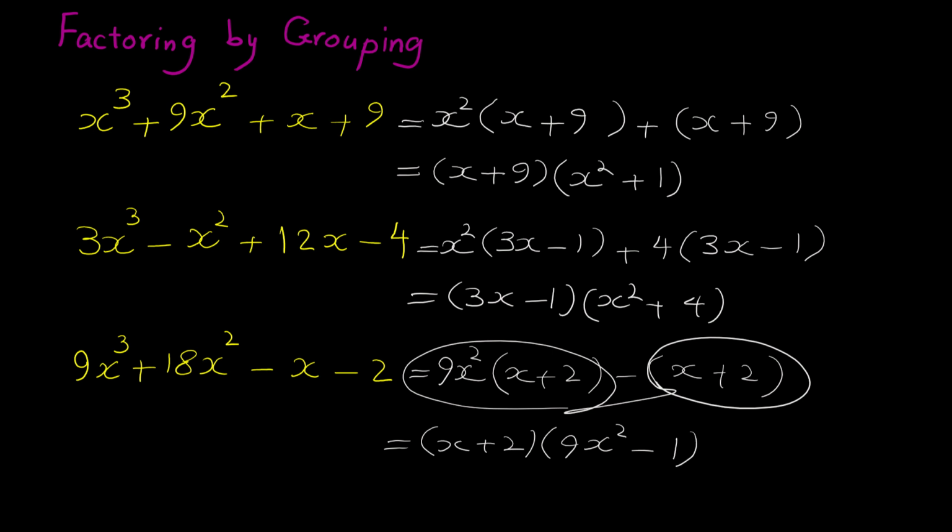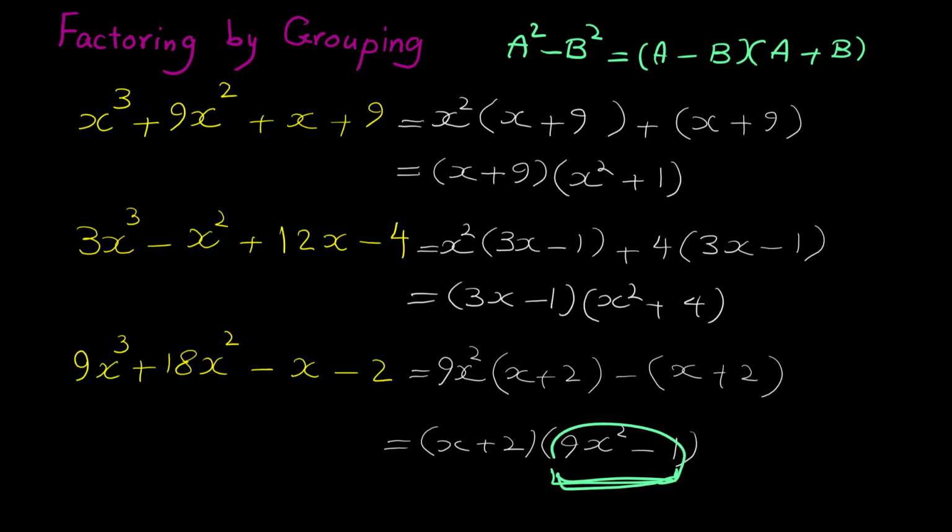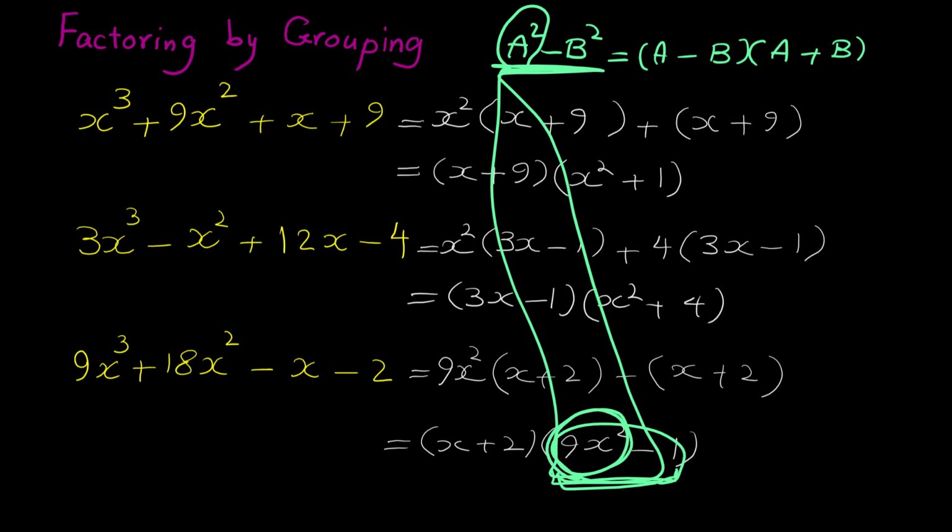Here, in this second bracket, we have 9x to the 2 minus 1. If you remember the difference of a square identity, a to the 2 minus b to the 2 can be written as a minus b times by a plus b. Based on this identity, if you pay attention, this fits with this part. 9x to the 2 is basically 3x to the 2.